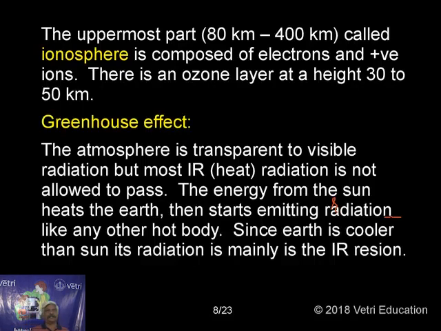During the daytime, all the light rays come from the upper atmosphere. The infrared ray, very high radiation, is not allowed to pass. The energy from the sun heats the Earth, which then starts emitting radiation like any other hot body. Since Earth is cooler than the sun, its radiation is mainly IR radiation.